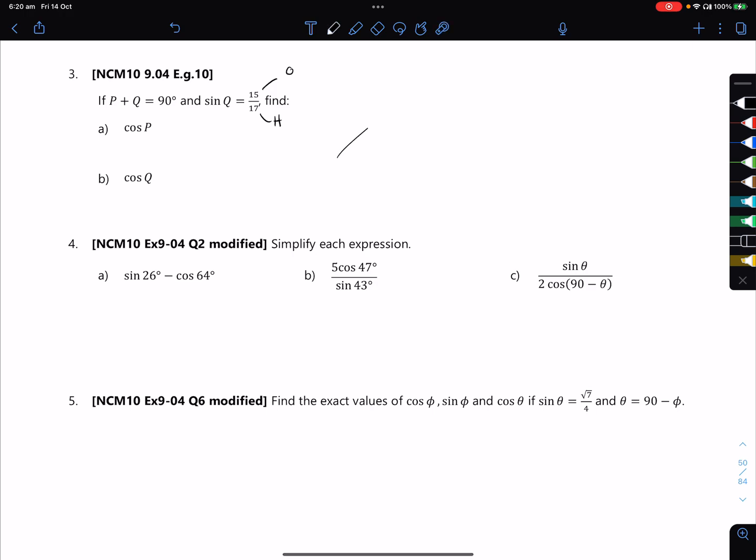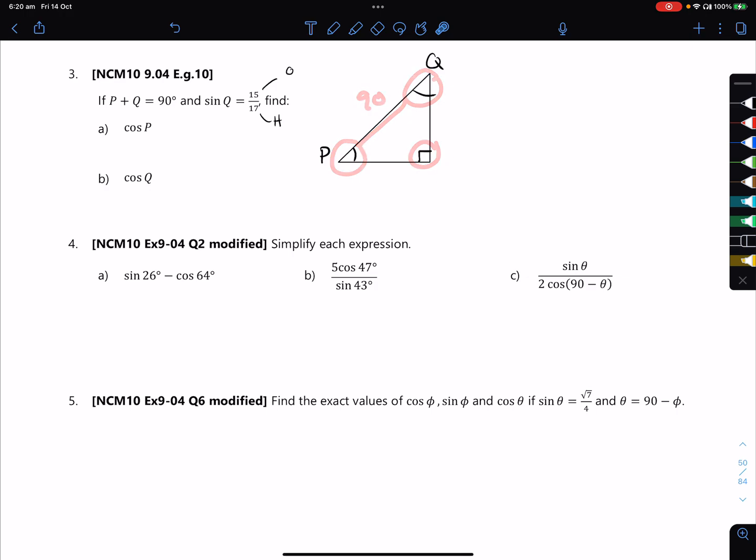So when you draw a right angle triangle, the remaining angles here must add up to 90 degrees, because if those two add up to 90 degrees, then 90 plus 90 gives you 180 degrees in total. So these angles that they're talking about are P and Q. So P here and Q there. As I said, those two are 90, plus 90 gives you 180.